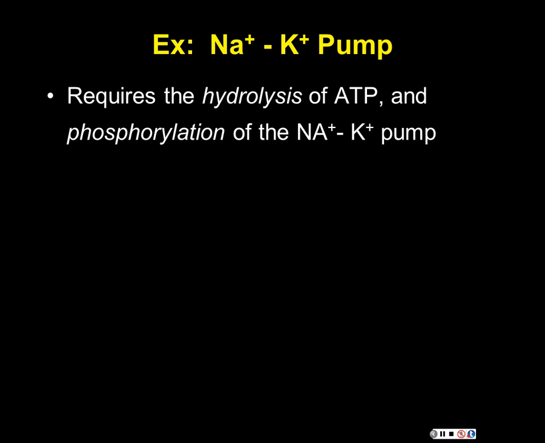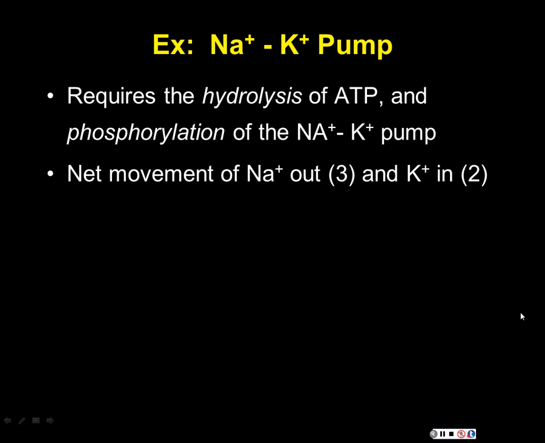The pump is phosphorylated, which we know means it gets a phosphate and is energized. It pumps each sodium and potassium ion, but in a specific direction. The sodium-potassium pump will pump 3 sodium ions out to the what? Extracellular fluid, and pump 2 potassium ions into the intracellular fluid.